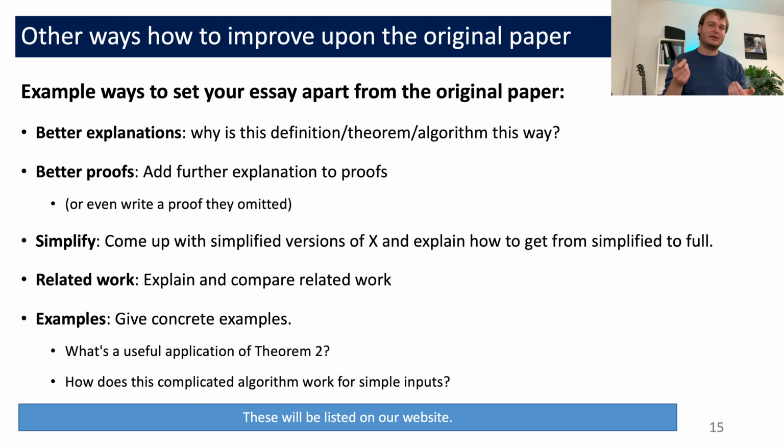So rather than adding details, you can try to just simplify the thing that they write in their paper. One thing that we like to do there is to take a simplified version of the thing that they're doing and explain what the drawbacks of this are, and then take one step closer to their construction by adding a little bit of a tweak to it, and then explain why this tweak is there and what its role is.